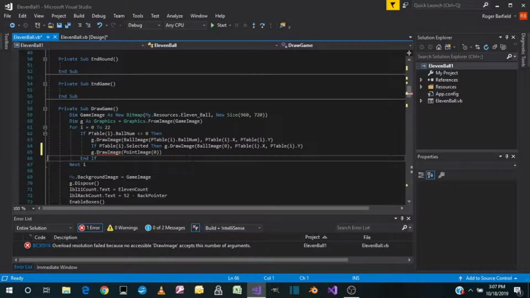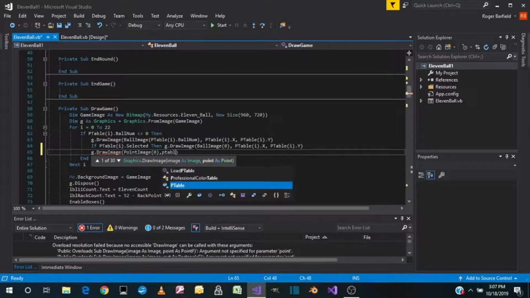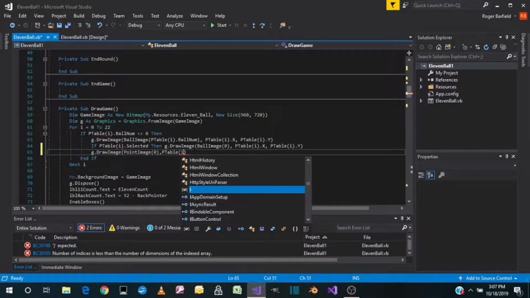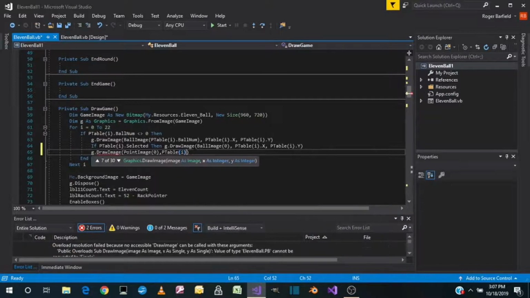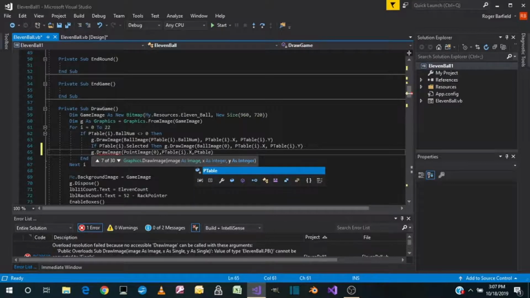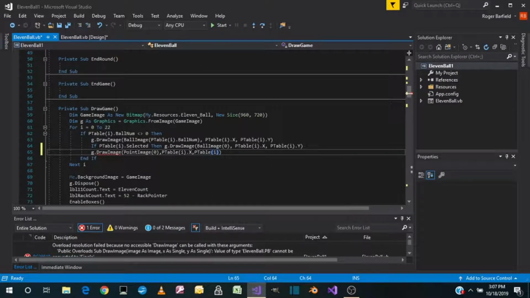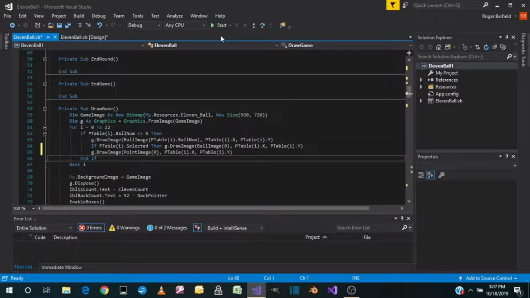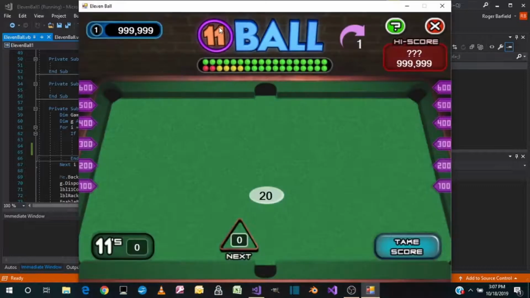All right, what did I forget? Oh yeah, location, which is p table I dot x, comma, p table I dot y. Let's just give this a shot, just so we can see how the image looks.